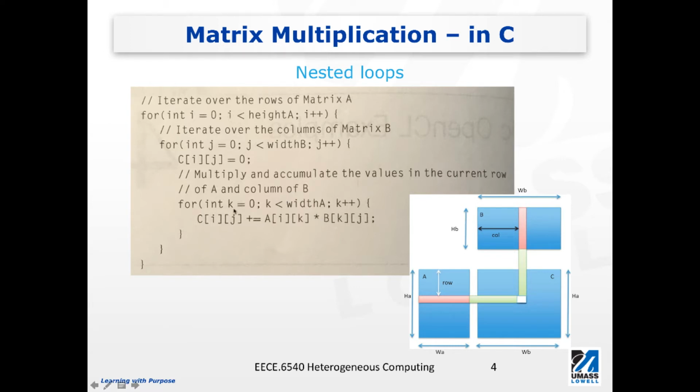So in the third loop, the variable K iterates from 0 to the width of A. We go over every single element in the row vector and multiply it with the corresponding element in the column vector, and eventually add all these multiplication results up, and that's the dot product. We assign the value to the element in C with the coordinates I and J. So with these 3 levels of loops, we can implement matrix multiplication in a serial fashion.